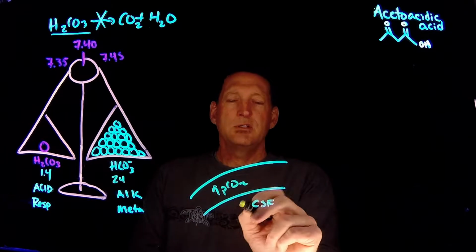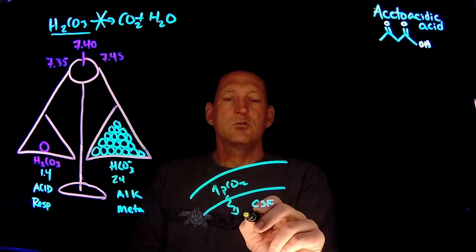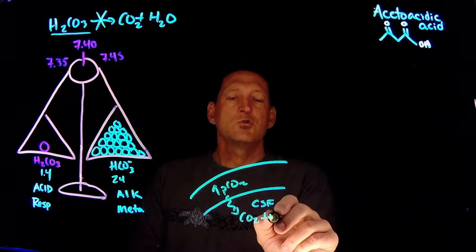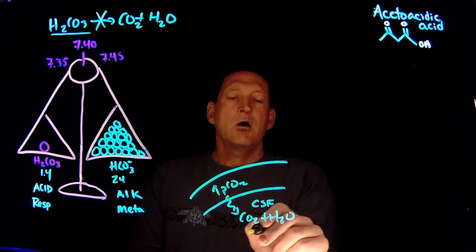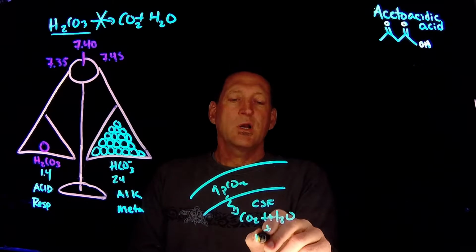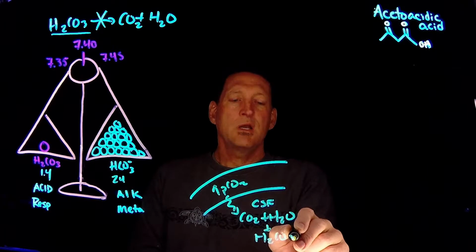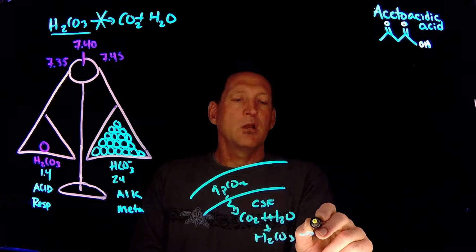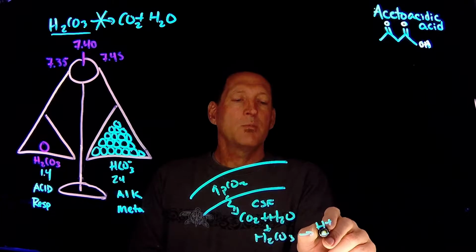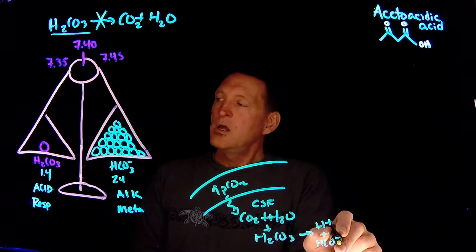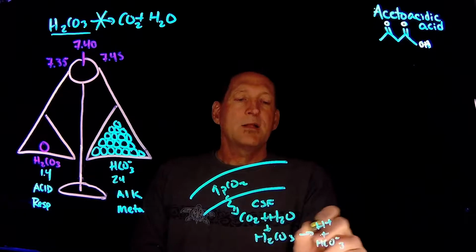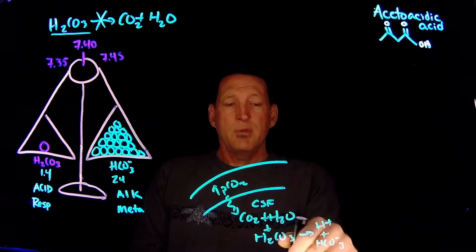That increase in PCO2, CO2 can diffuse into the cerebral spinal fluid, and it can join with H2O. Once that takes place, we're going to get H2CO3, and then that's going to dissociate into a hydrogen ion plus a bicarbonate ion.